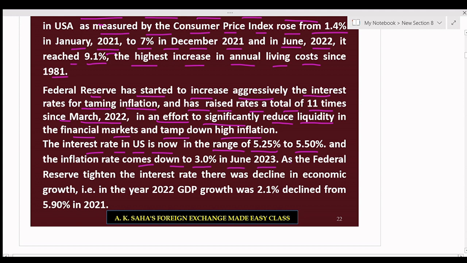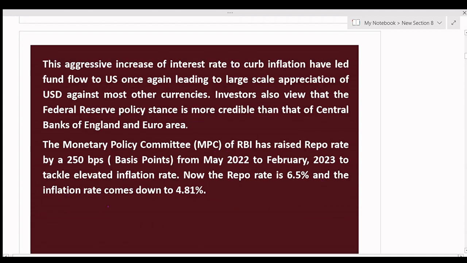As the Federal Reserve tightened the interest rate, there was a decline in economic growth. That is, in the year 2022, GDP growth was 2.1%, declined from 5.90% in 2021.